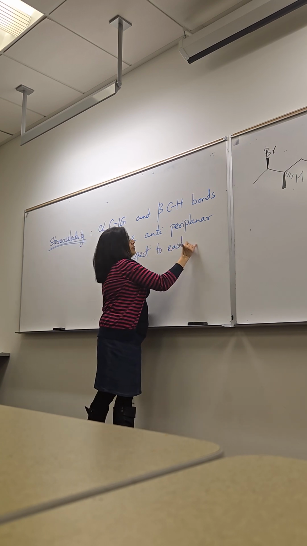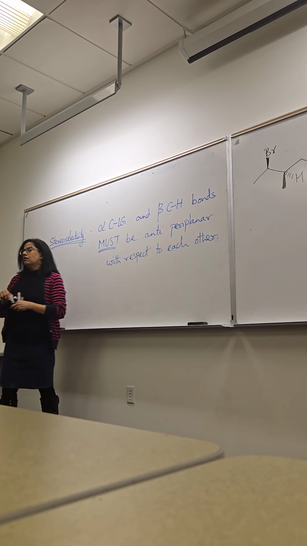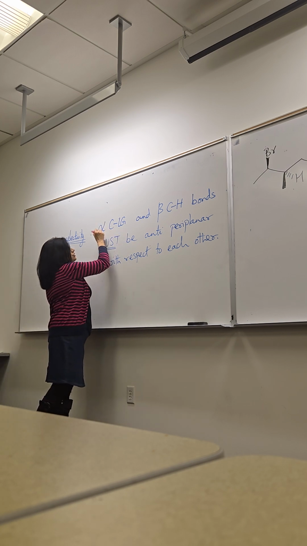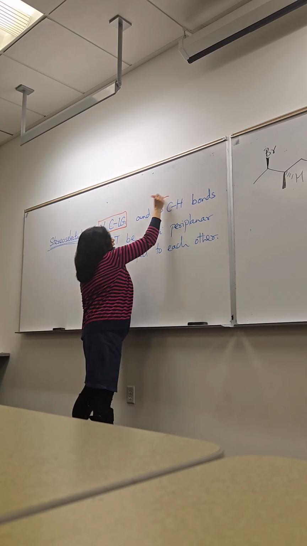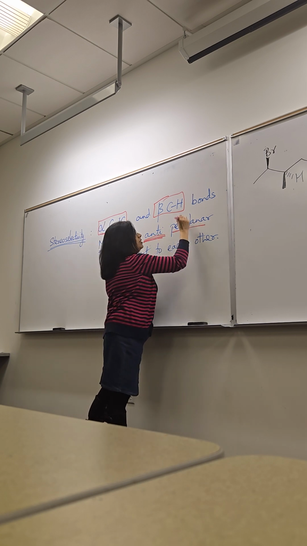Otherwise, E2 cannot happen. If you cannot make that work, E2 cannot happen. For E2 to happen, this bond and this bond must be anti in the same plane.